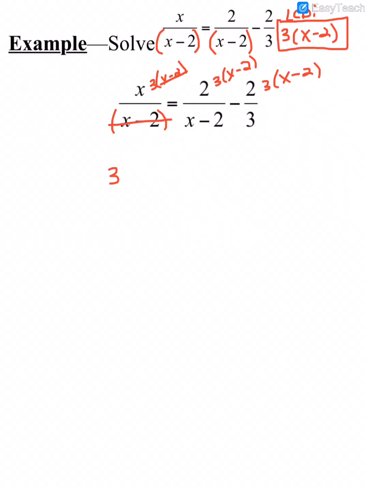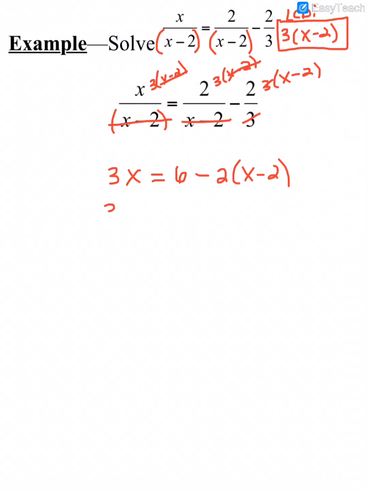So that's 3x equals, in the second term, the whole x minus 2 again cancels, and I'm left with 2 times 3, which is 6, minus, in the last term, the 3's cancel, so I'm left with 2 times x minus 2. Okay, so let's simplify that.